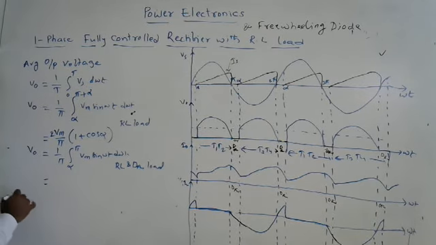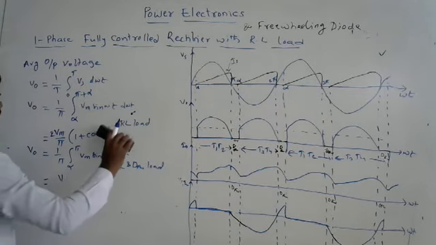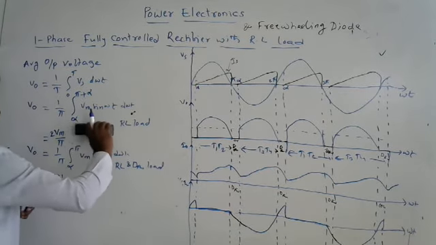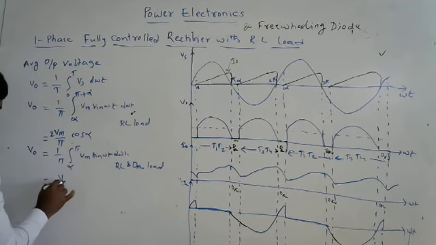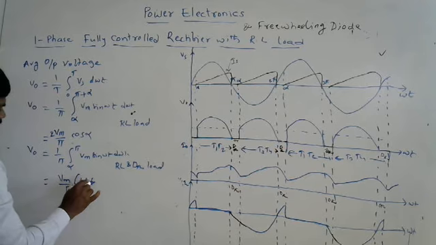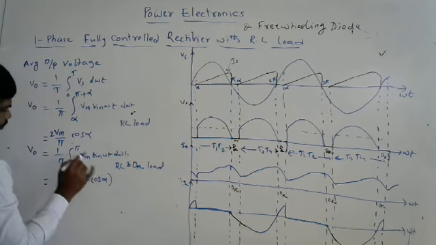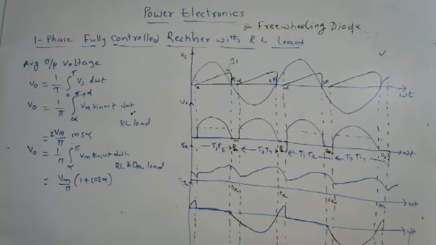Then what will be this? Sorry, this is 2 Vm by pi cos alpha for RL load, then Vm by pi 1 plus cos alpha for RL with freewheeling diode, right? That much difference is there in output voltages.